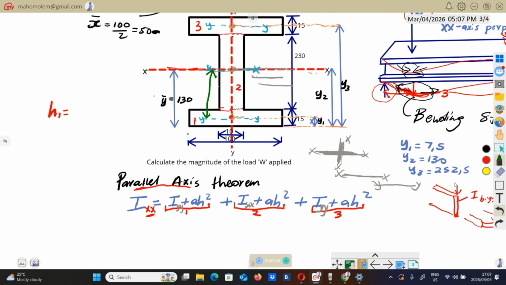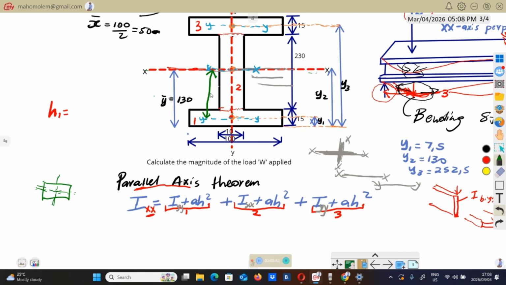Remember I said those lines, these ones, these are the axes. This is axis, this is axis. So the distance between this red XX line and this YY line, this is axis, this is axis. So the distance between this axis will be h.